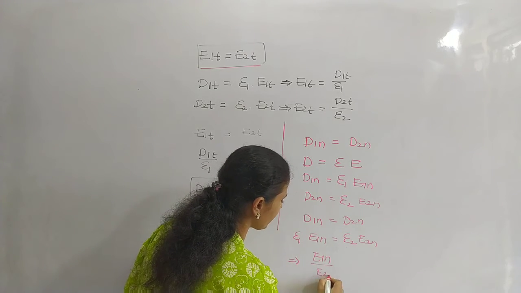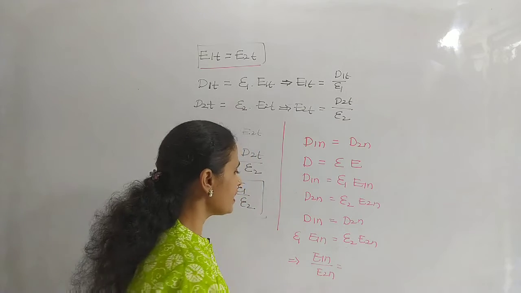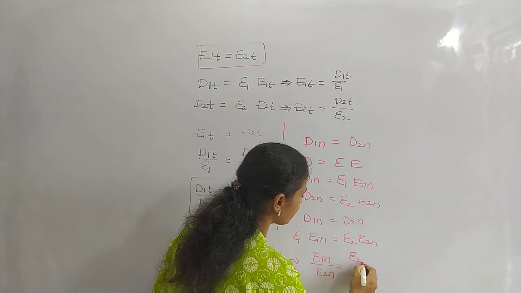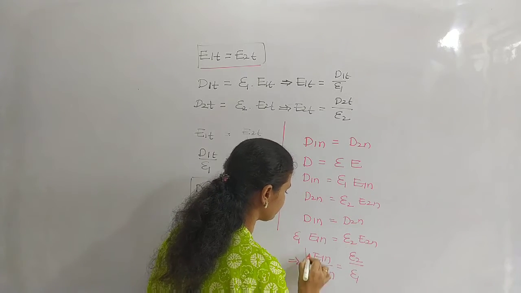The ratio of the normal components of electric field from the first medium to the other is given by epsilon 2 by epsilon 1.